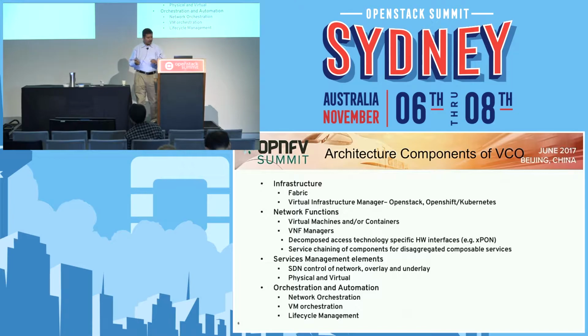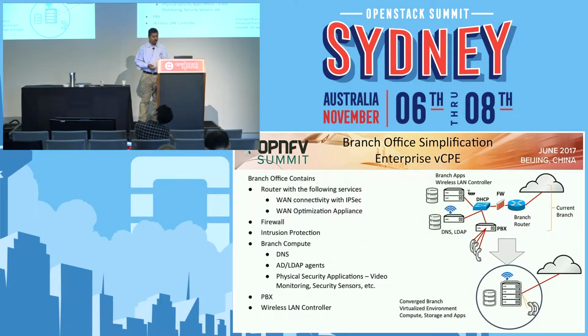So I'm going to go through the different use cases, and I'm going to probably also show you some recorded videos from that particular demo and walk you through what we've done. There were two things that we banked on as part of the first POC for VCO. One is the enterprise vCPE, and the other one was the residential services.